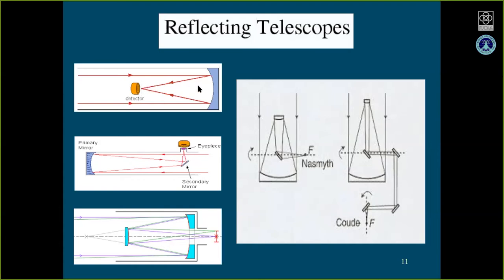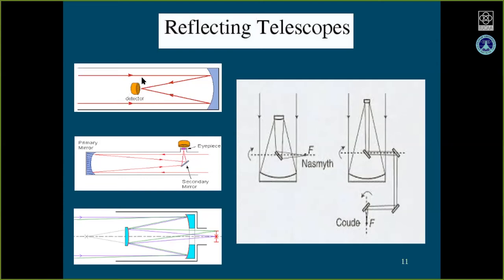And this is nothing but your focal length, right? So now the image will be formed in this focal plane. So now I can put my detector, or I can put my spectrograph for imaging or spectroscopy, in this focal plane.